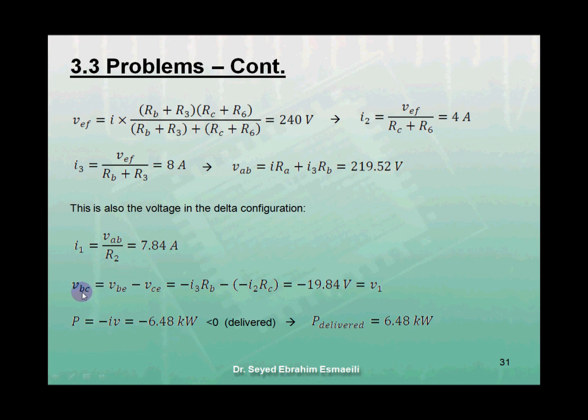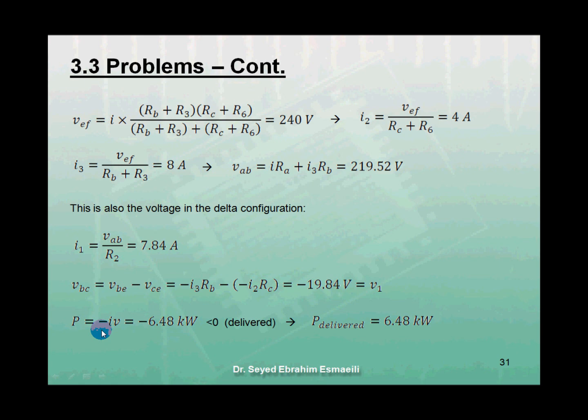The voltage difference between nodes B and C, VBC, equals VBE minus VCE, which equals minus I3 times RB minus I2 times RC, which equals minus 19.84 volts, equals V1.